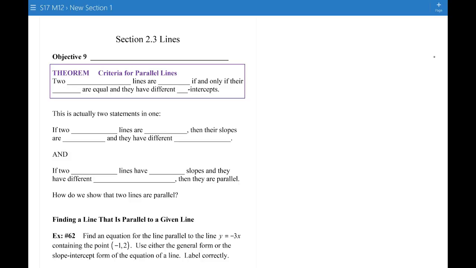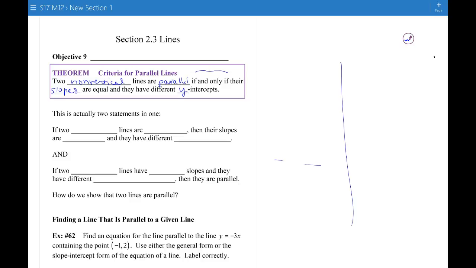Okay, so now let's find equations of parallel and perpendicular lines. So two, again, non-vertical lines are parallel if and only if, says this theorem, goes two directions, both ways, their slopes are equal and they have different y-intercepts.